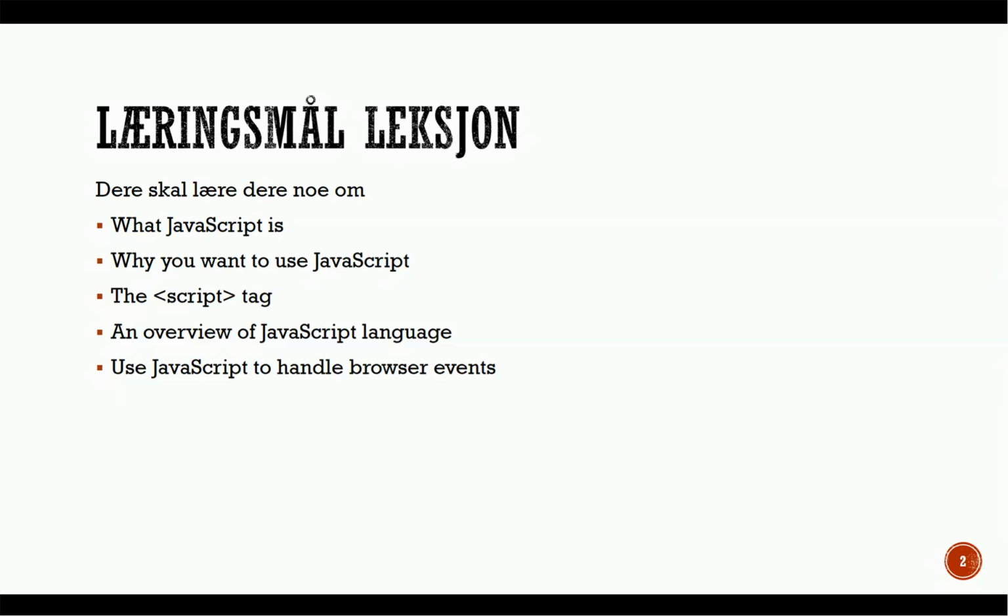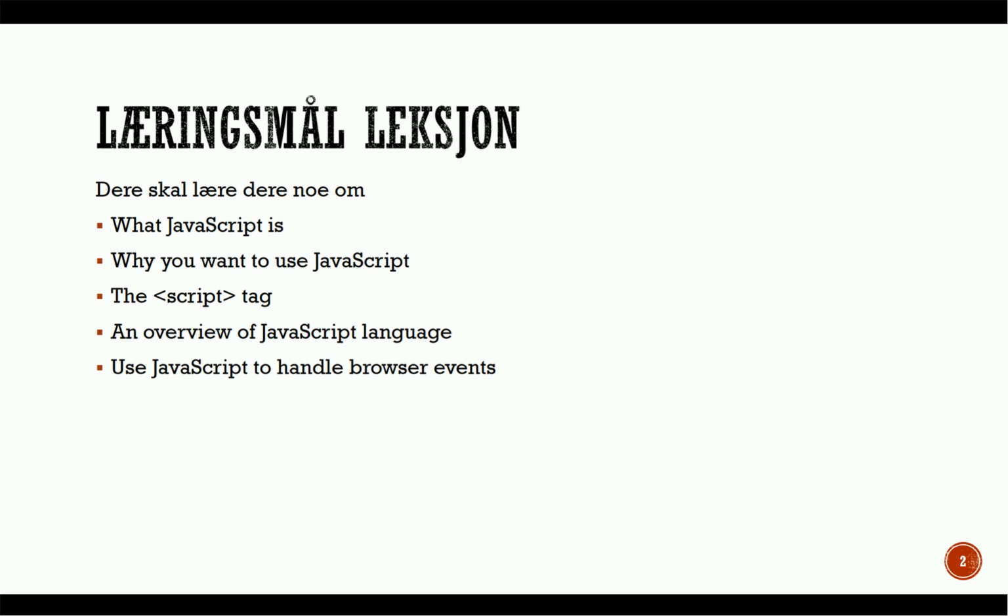And these are the learning objectives for today. First, we will go through a bit of the history of JavaScript, the role of JavaScript in modern web development, and we also learn about why we want to use JavaScript. The script element, like other HTML elements, is the fundamental start for writing any script.